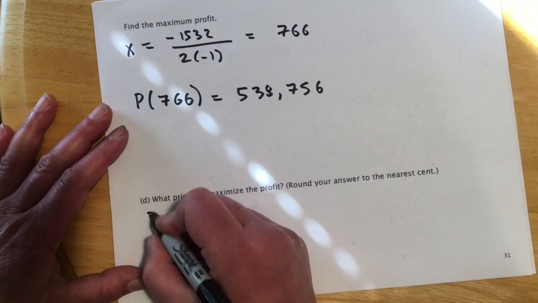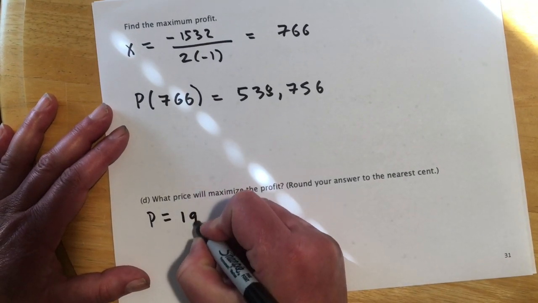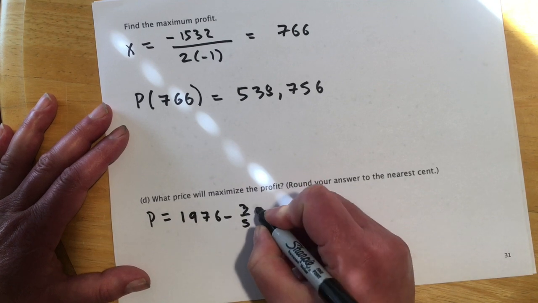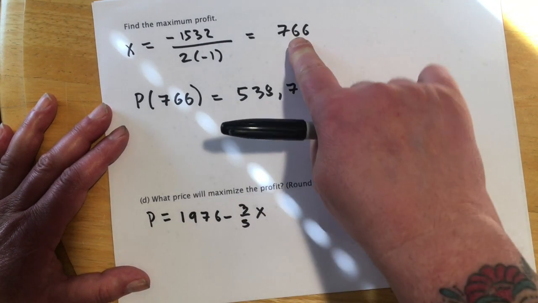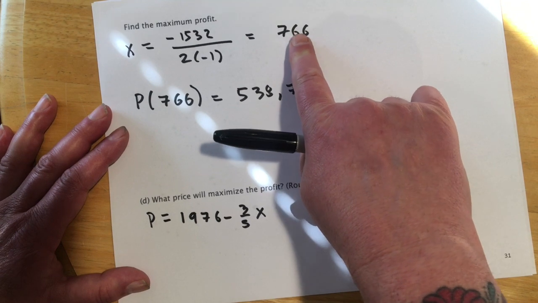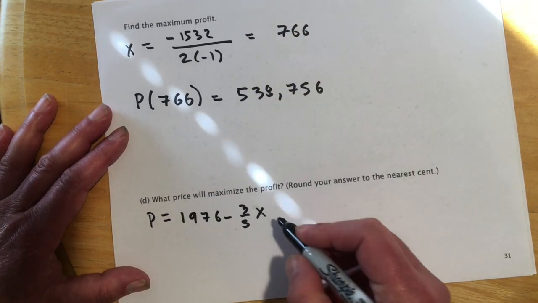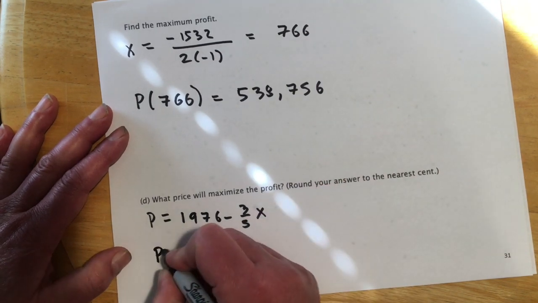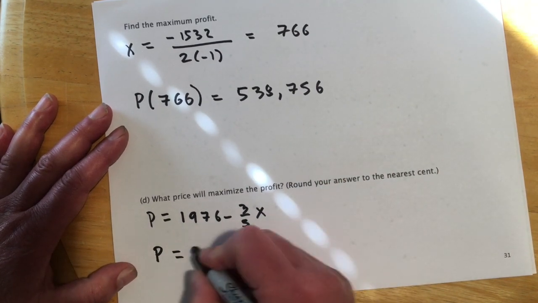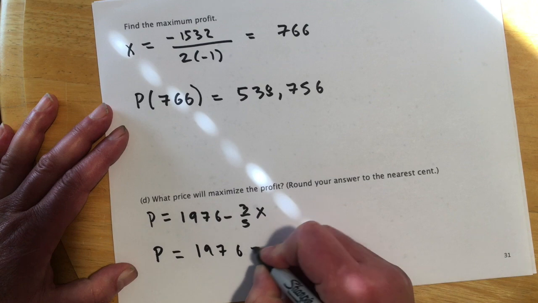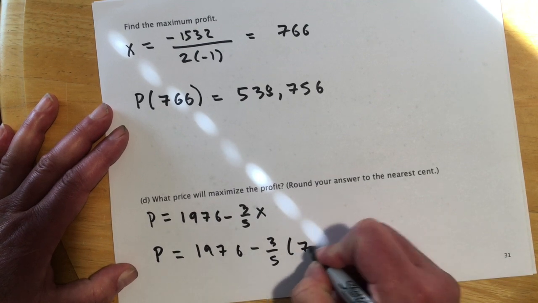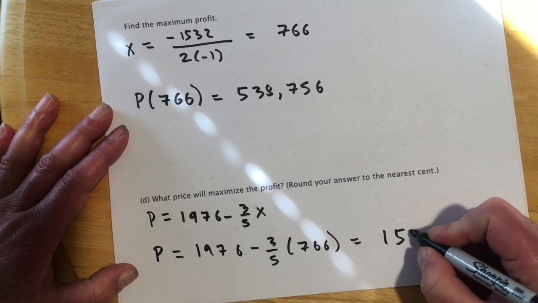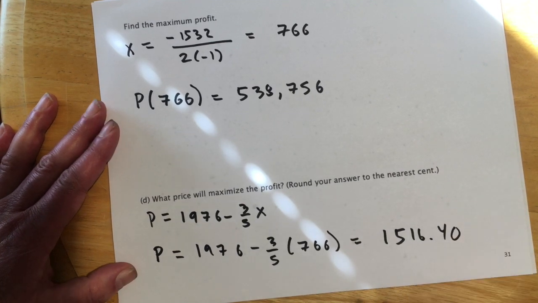And so that was P equals 1976 minus 3/5 X. And then this was the number of units that maximized the profit, so this would be the price it happens at. So we're just going to put the 766 in right here. And when I did that, I got $1,516.40.